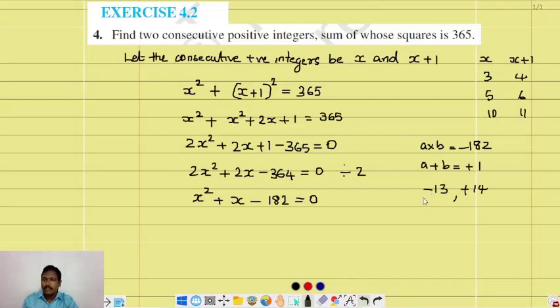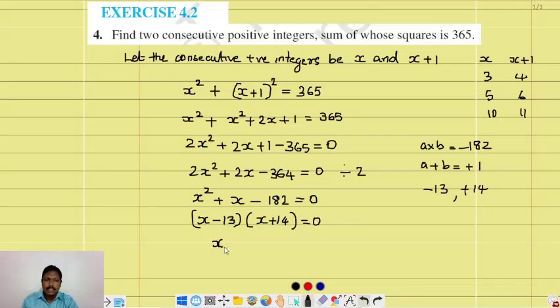So the numbers are minus 13 and plus 14. So you can write the answer directly: (x minus 13)(x plus 14) equals 0.